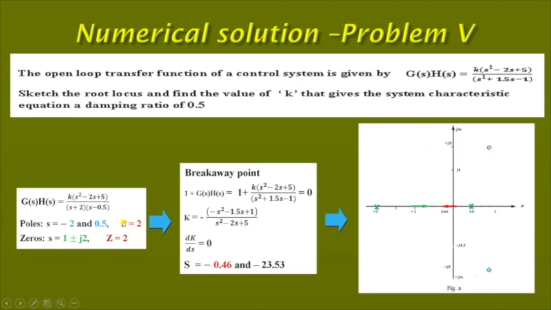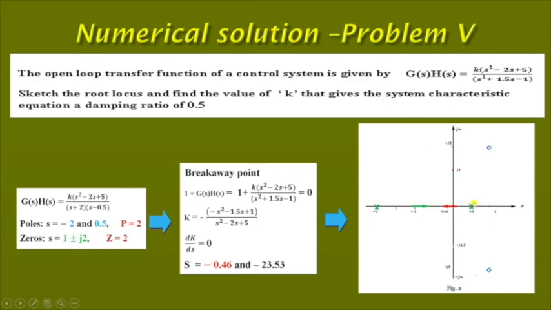So q equals p minus z, that means 2 minus 2, which is 0. So there is no asymptote, because the root locus branches are 2 and 2 finite zeros are present in the system. That means 2 root locus branches finish at the finite zeros.